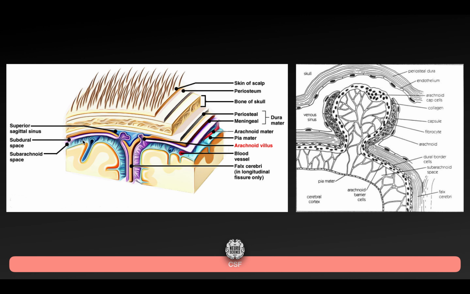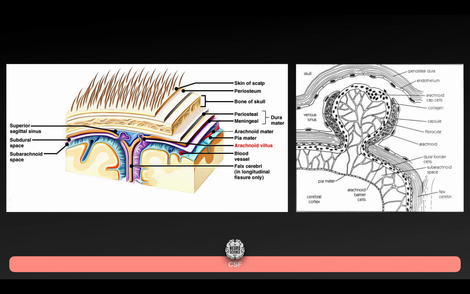If we have the subarachnoid space, this is where the cisterns lie. This is the plane they herniate through to form arachnoid granulations into the dural venous sinuses. So here's our arachnoid mater, here's our pia mater, and here's the subarachnoid space with trabeculae. CSF flows through here, up through here, and then through this invagination into the venous sinus.